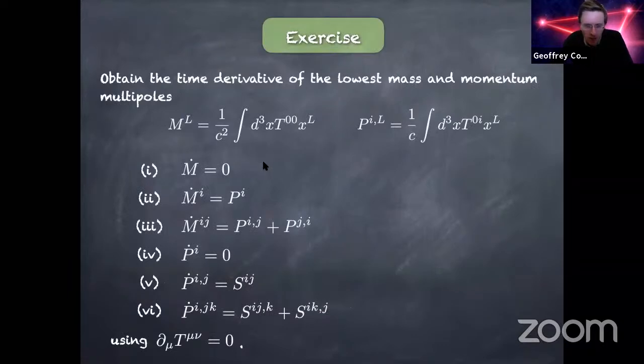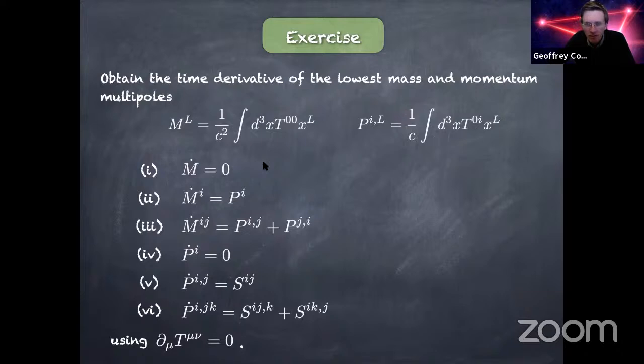So now let's do an exercise because I've been talking too much. Obtain the time derivative of the lowest mass and momentum multipoles. Here is a convenient notation for denoting all the multipoles. L is any set of indices, a symmetrized set of indices.